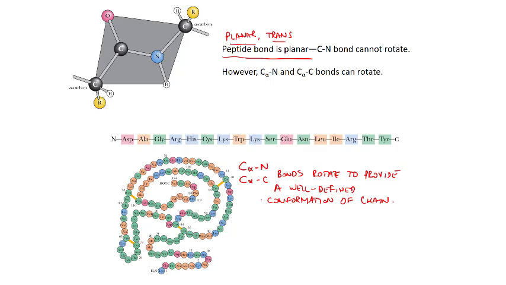Now, what is the conformation that it's going to adopt? So I'm going to tell you right now that each protein has pretty much one and only one conformation that it strongly, strongly favors. There may be slight variations within that conformation, but for the most part, most proteins form one structure.